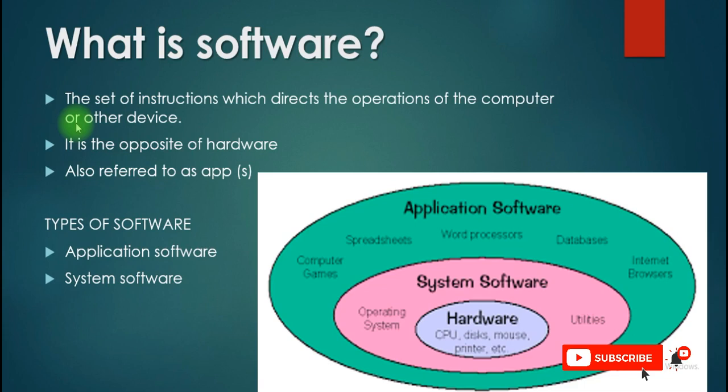And of course, no device is functional without there being software installed on it, especially the operating system, which we'll look at in a little while. So yes, software is just another word for app or apps, and app here is really the shortening of application.